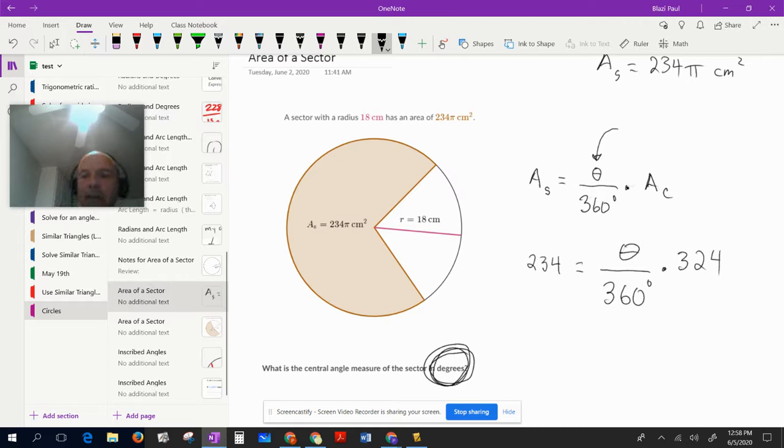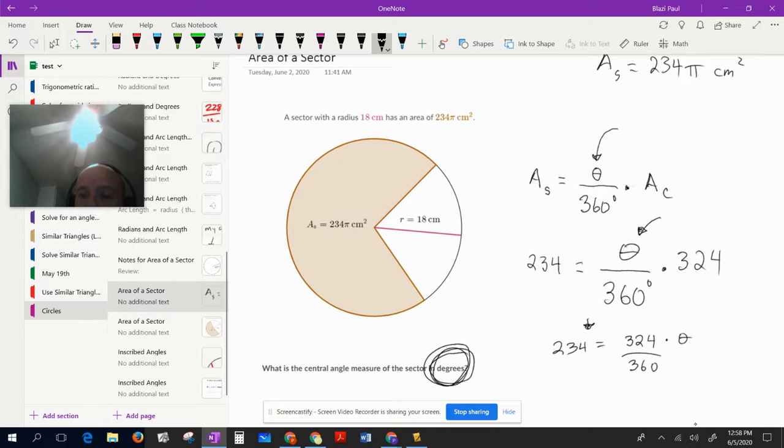All right. So I need to get this theta by itself. So the first thing I'm going to do, let me rewrite this. Check this out. Watch this. Boom. 234 equals 324 times theta over 360.